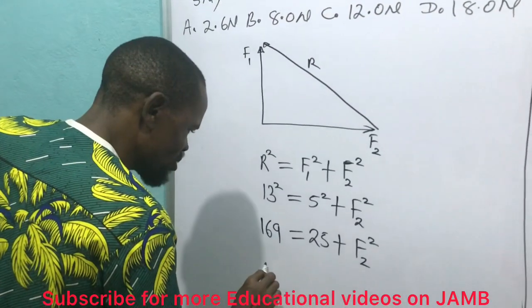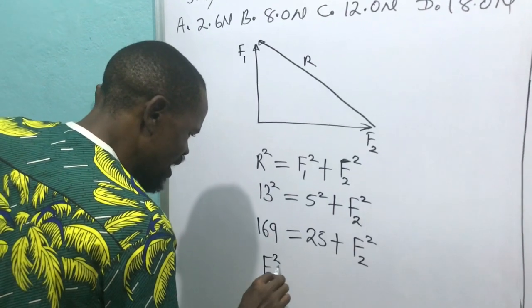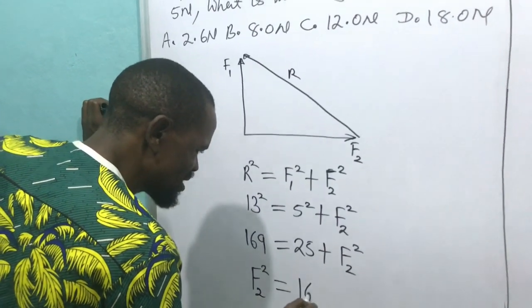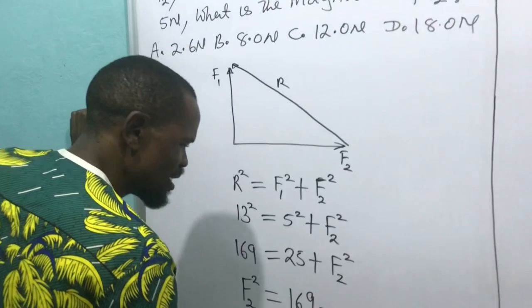Making F2 squared the subject of the formula, F2 squared is equal to 169 minus 25.